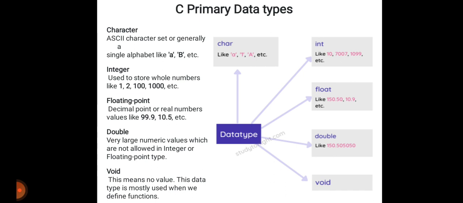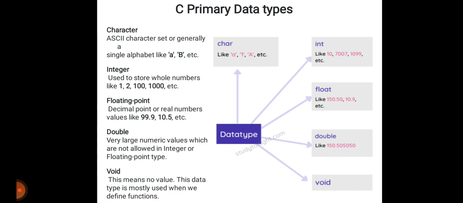Floating point means decimal point or real number values like 1.2, 1.3, 1.5, 10.5. This is what we define in floating point. The next one is double data type. Double data type means very large numeric values which are beyond what is allowed in integer or floating point.